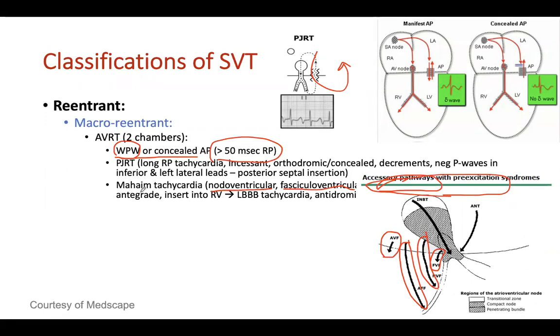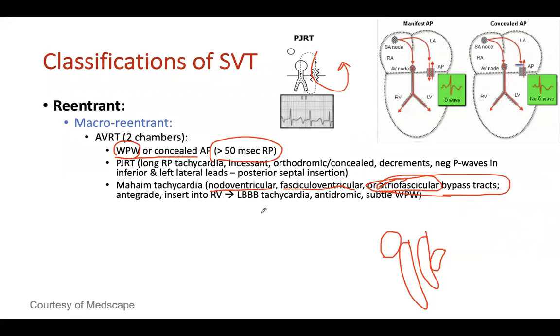Mahaim described the nodoventricular pathways only, but later people discovered fasciculoventricular and atriofascicular pathways, and they are all collectively now called Mahaim tachycardia.